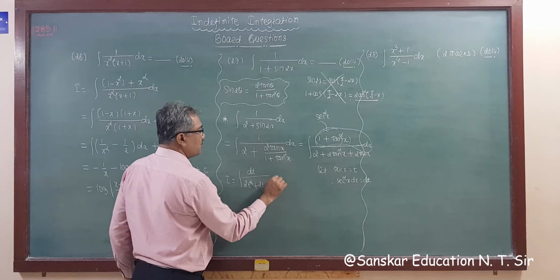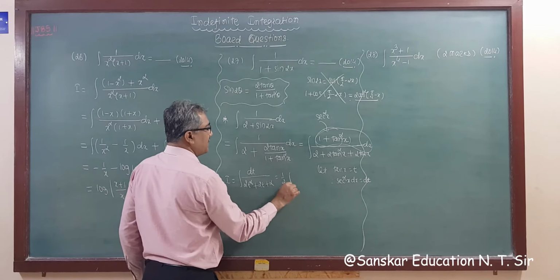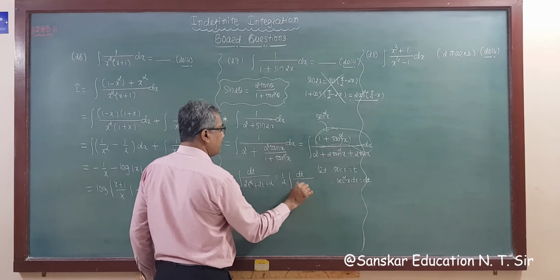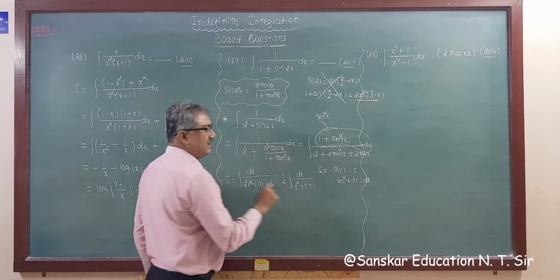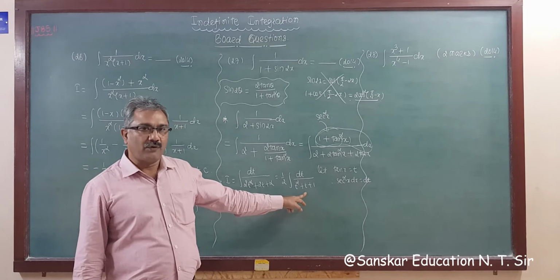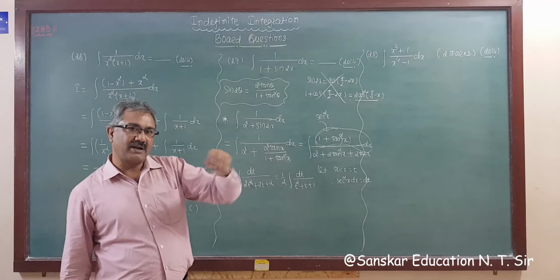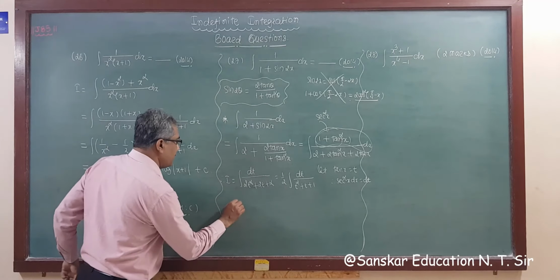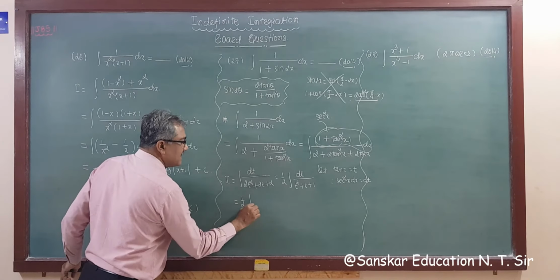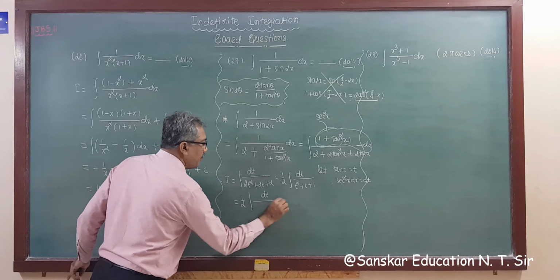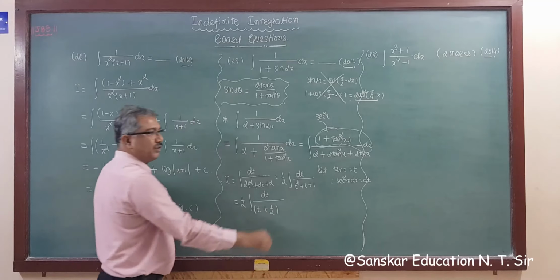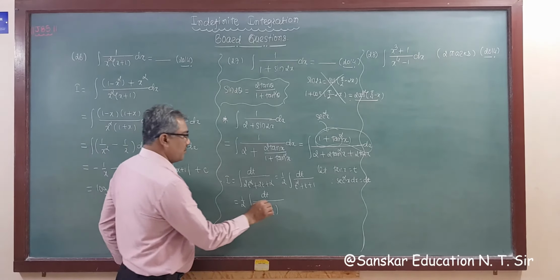Taking 2 common, this is 1 upon 2 integration of dt upon t square plus t plus 1. So find out the last term, that is 1 upon 4. So adding 1 upon 4 and separating 1 upon 4, what do you get? You get the integration of 1 upon 2, which is a constant, as it is, dt upon t plus 1 upon 2 whole square.